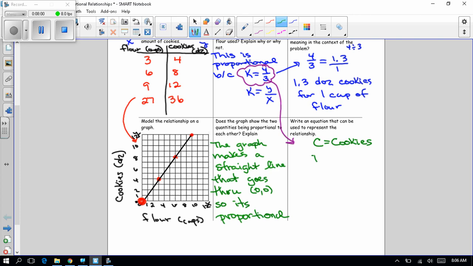And I'm going to use F for flour, how much flour it takes. And according to this, the number of cookies is equal to 4/3 times the amount of flour. And then I can calculate how many dozen cookies I'm going to get for how much flour I have. We use that off of the equations that we've learned earlier.